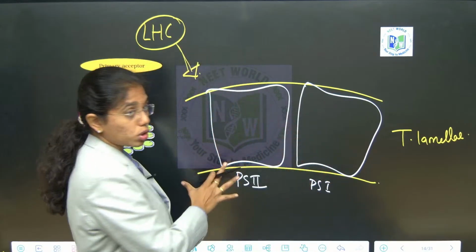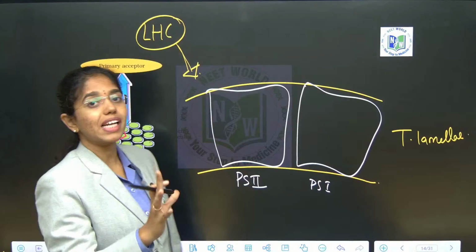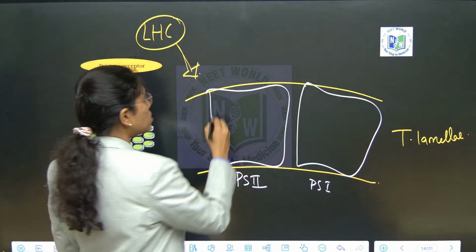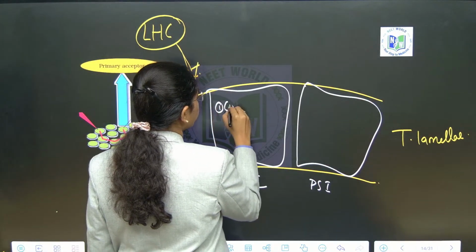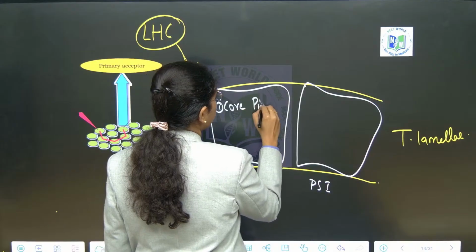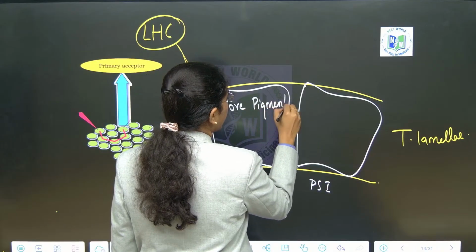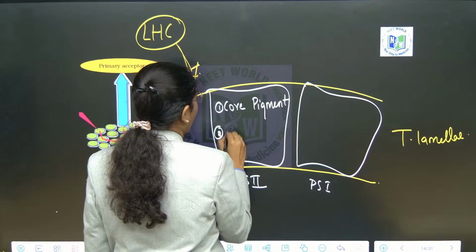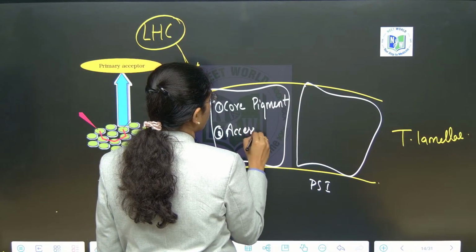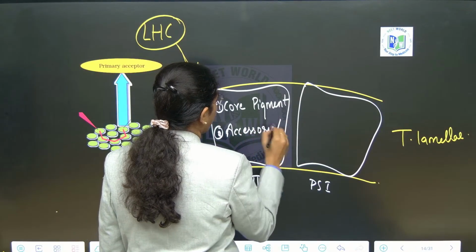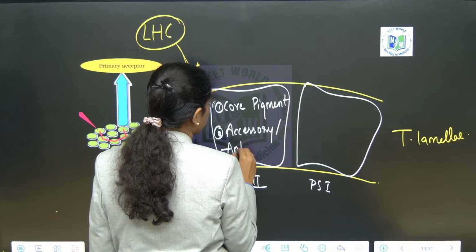Each photosystem will have two sets of pigments. One is core pigment and two, accessory or antenna pigments.